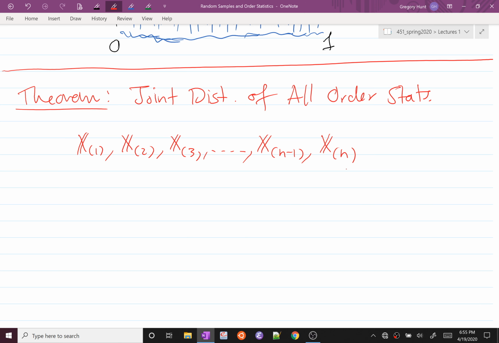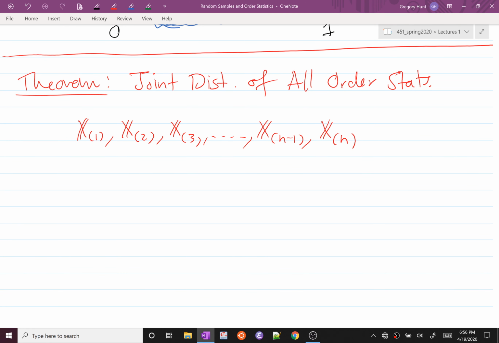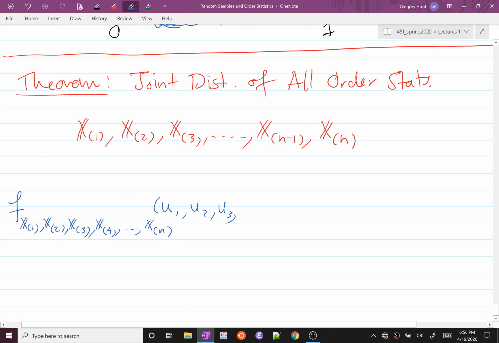You could collect these all together as one multivariate random variable. And the question is, what is the joint distribution of all these? That is, what is the joint of X(1), X(2), X(3), X(4), all the way up to the maximum, at values u1, u2, u3, up to un. It doesn't really matter what our dummy variable is. Okay.